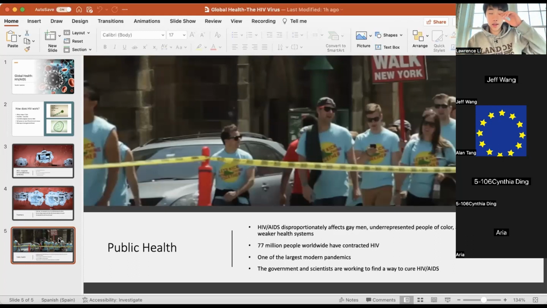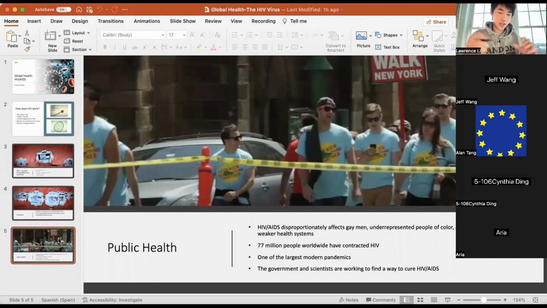Those are the places where COVID-19 can run rampant. And same thing with HIV. It disproportionately affects gay men, underrepresented people of color, and countries with weaker health systems.